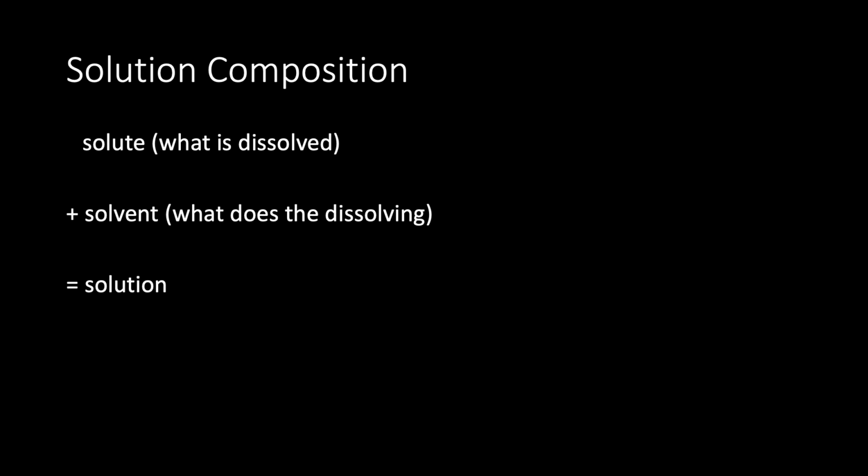But think of it as the solute, which is what was dissolved, and the solvent, what does the dissolving. Our most common solvent is going to be water. Together, they make the solution. Salt plus water gives you the solution. Sugar plus water gives you the solution. Solute plus solvent gives you the solution.